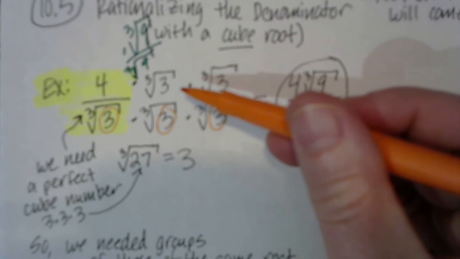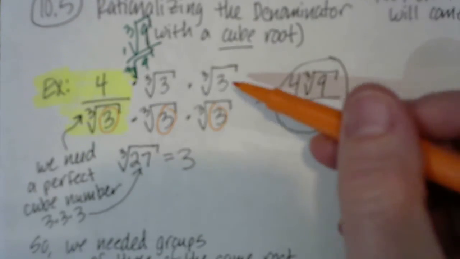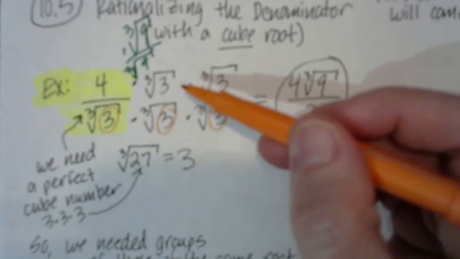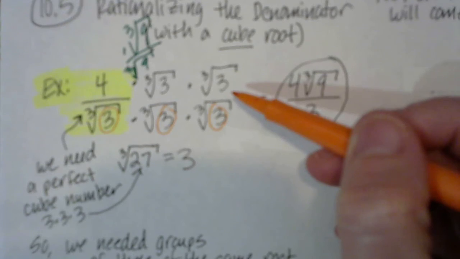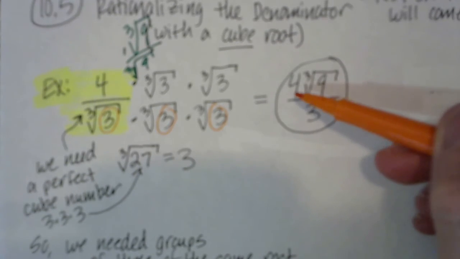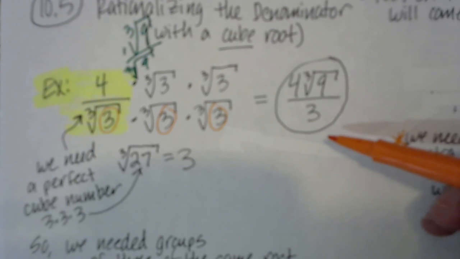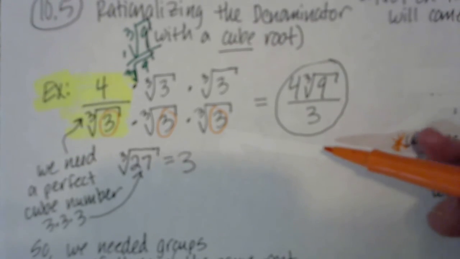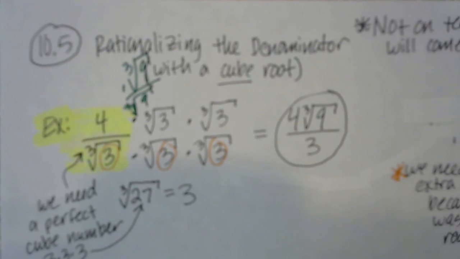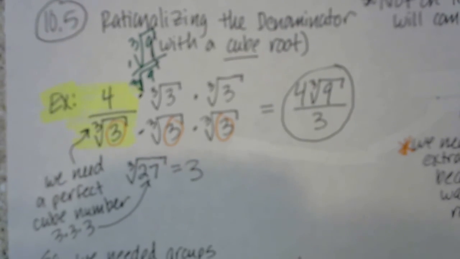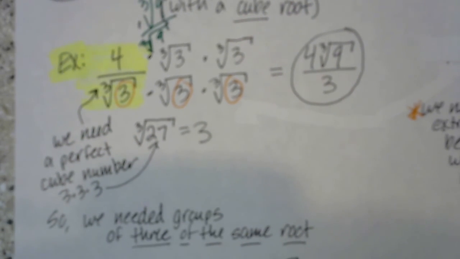On the top, it's going to be a little different because I have a 4 here, and then these are just 2 3s. So that's why I have 4 cube root of 9 over 3 would be the answer. So check this out. Like I said, this is just for a cube root problem with a radical in the denominator.